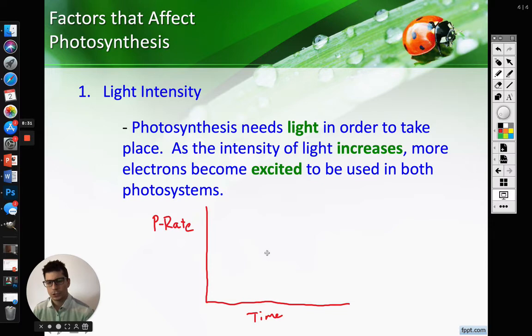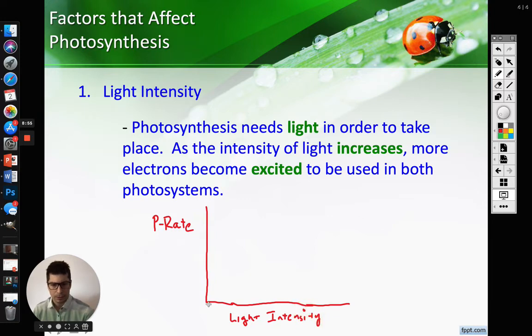Okay. So as our light, I'm sorry. That should not have been time. My fault, guys. Okay. This should be our light intensity.